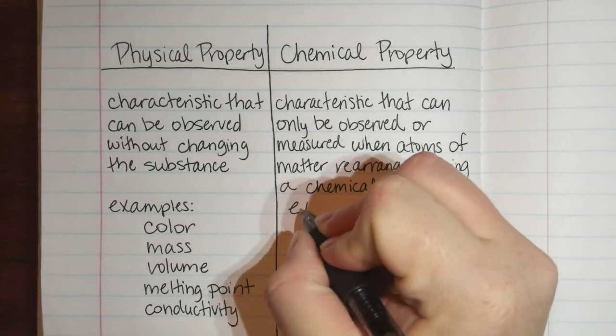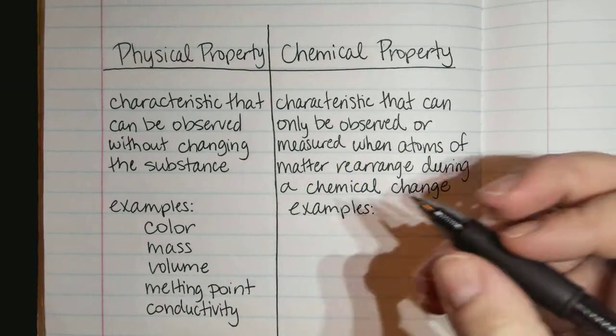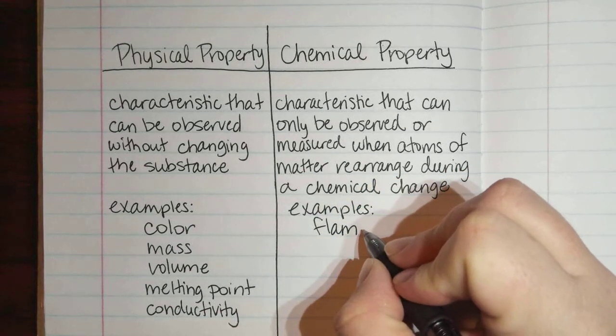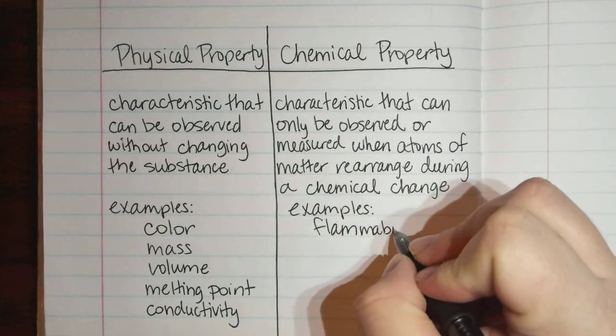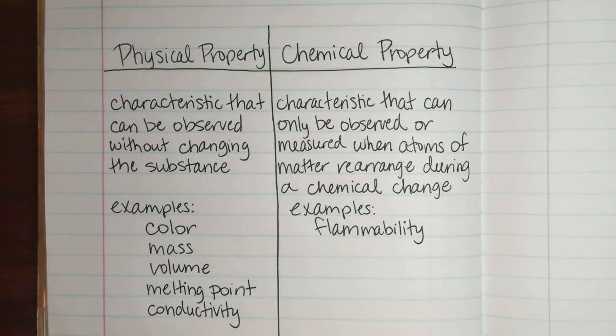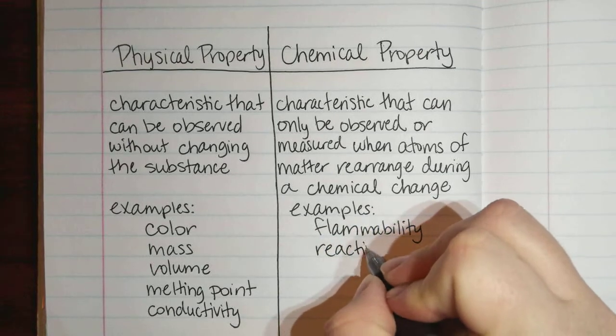So some examples. One example would be flammability. Flammability sounds like the word flame, so that's exactly what that means: does it have the ability to catch fire or burn? Another example is reactivity.